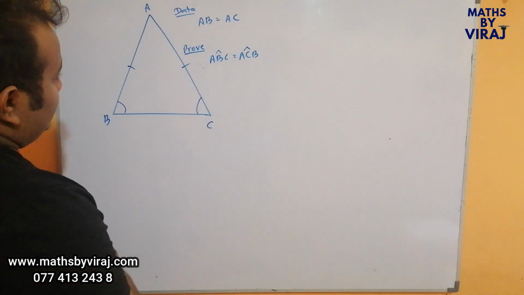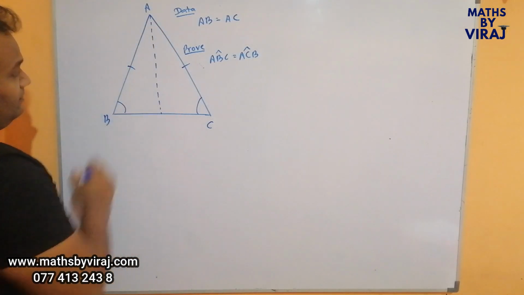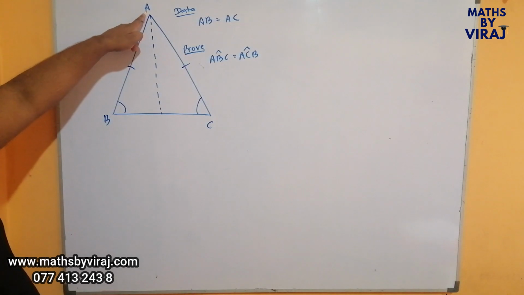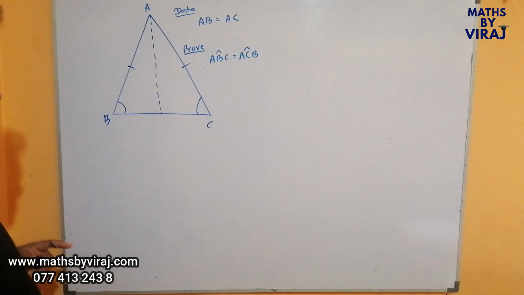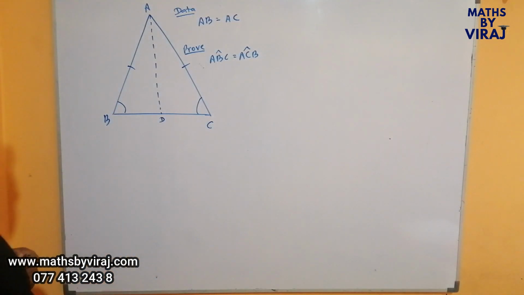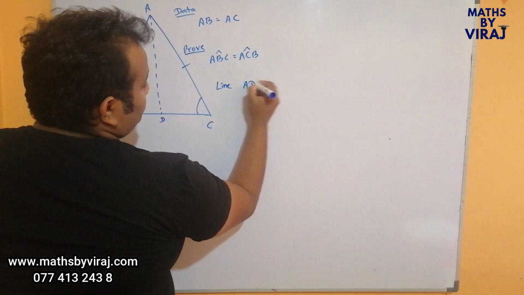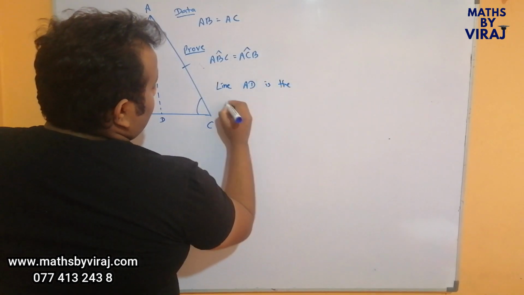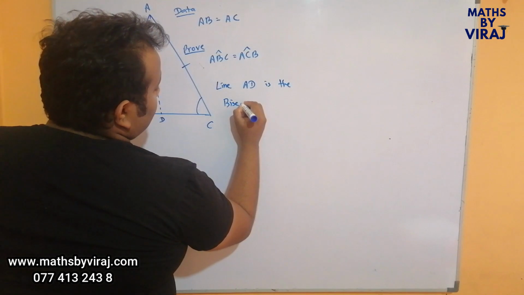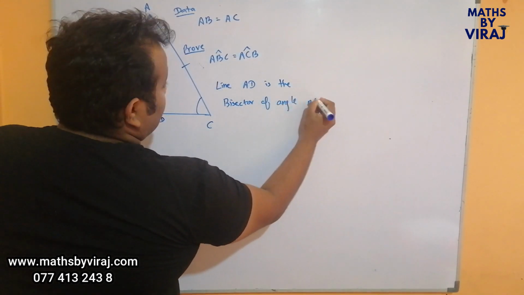So, what I am going to do is, I am going to draw a line from point A to line BC and mark it as D. Here, please make a note, children, that line AD is the bisector of angle BAC.